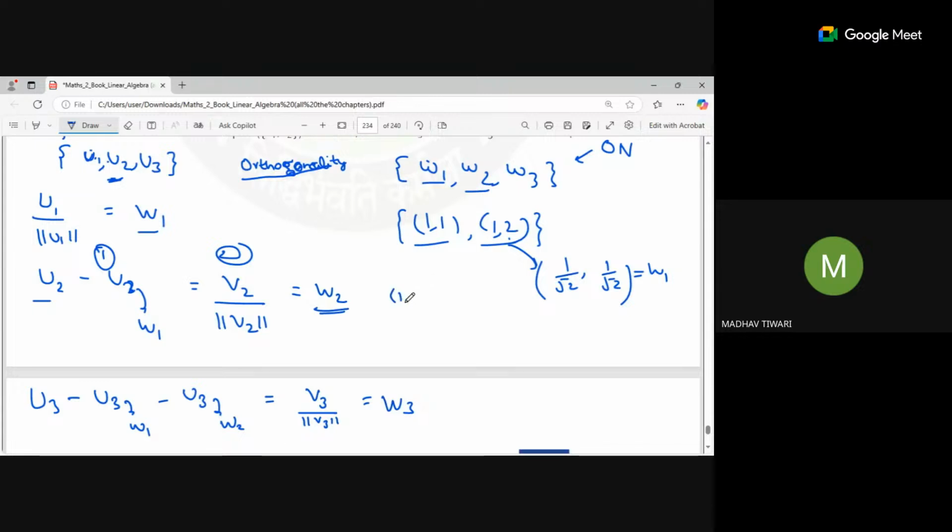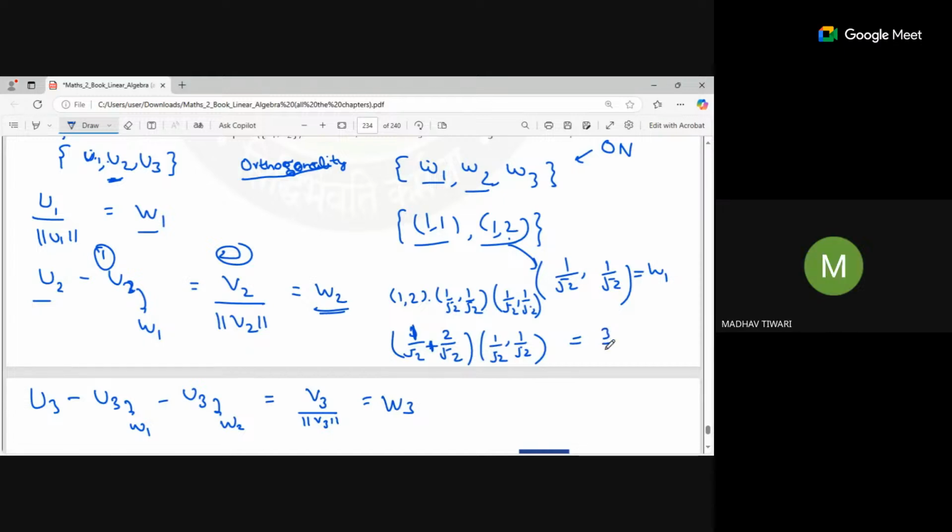So it will be the dot product of (1, 2) with (1 by root 2, 1 by root 2), times the direction (1 by root 2, 1 by root 2). I will not divide by its norm because it is 1. So I do the dot product and get 1 by root 2 plus 2 by root 2, which is 3 by root 2.